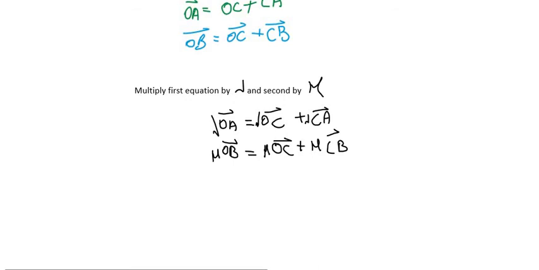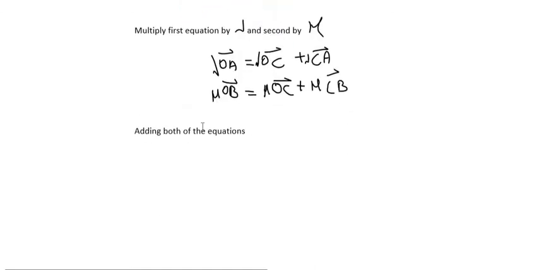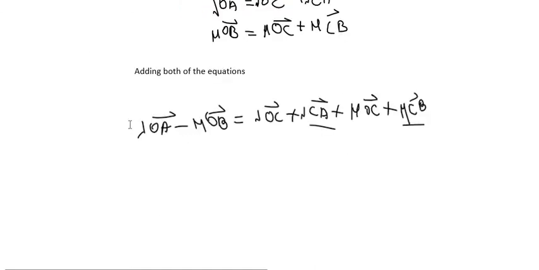The next thing we will do is add both of these equations. Adding them, you get lambda OA plus mu OB equals lambda OC plus lambda CA plus mu OC plus mu CB.